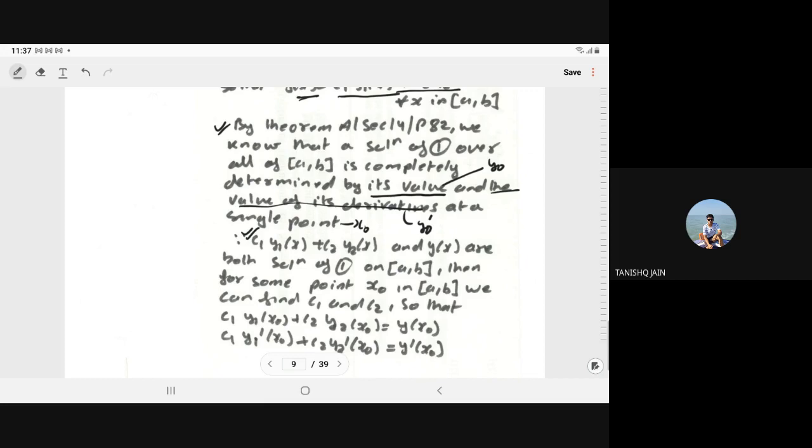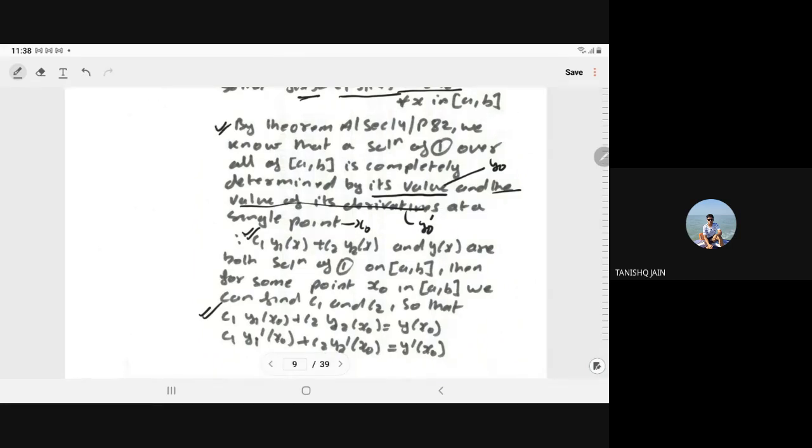If at the particular point we write in this way: c1 y1 at x naught plus c2 y2 at x naught is equal to y at x naught, and c1 y1 dash x naught plus c2 y2 dash x naught is equal to y dash x naught.